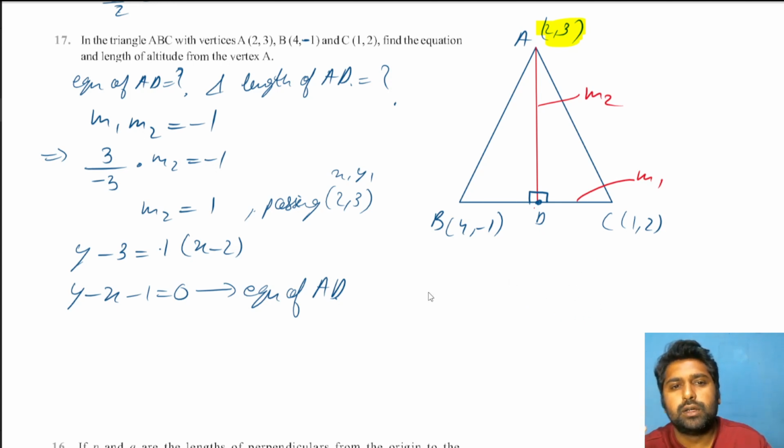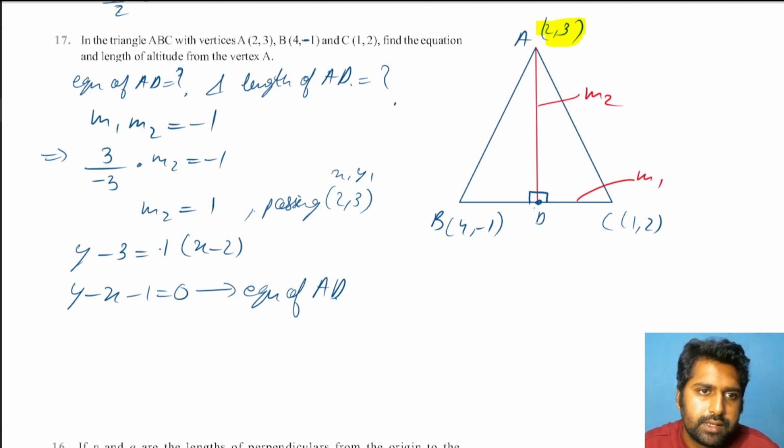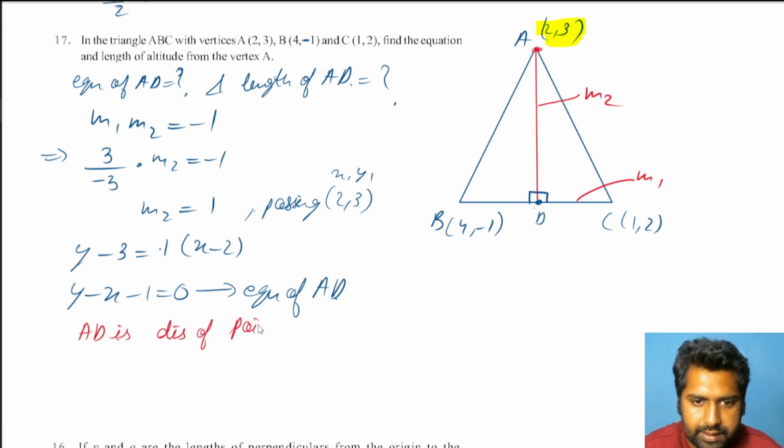See, is it like the distance of this point from this line BC? Can I say AD is the distance of point A from line BC?